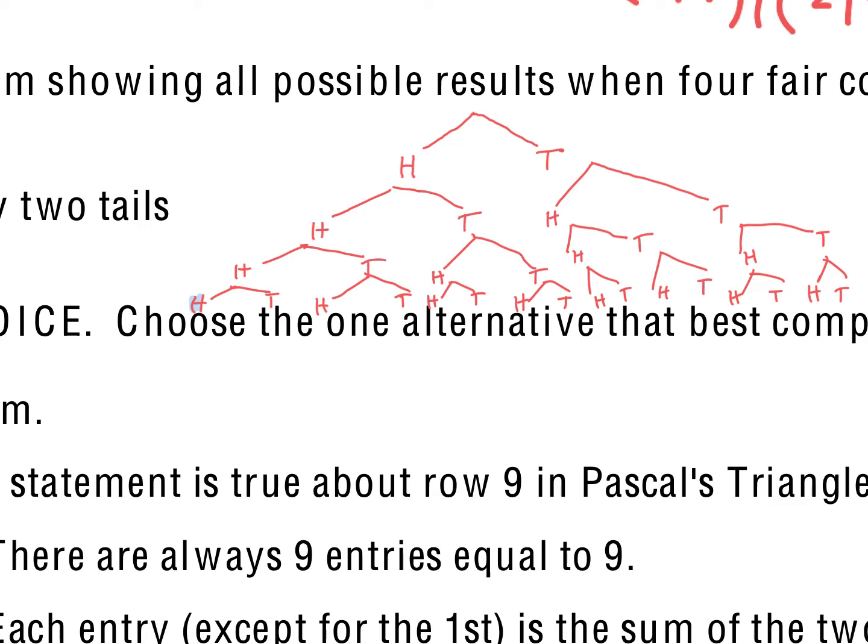Okay, so that would be the ways, using a tree diagram of flipping 4 coins. Now we're looking for exactly 2 tails.